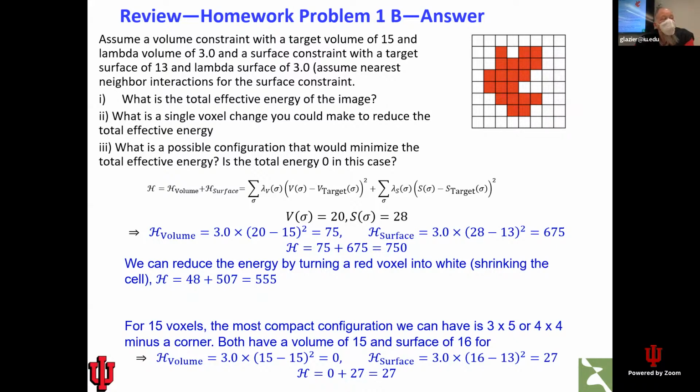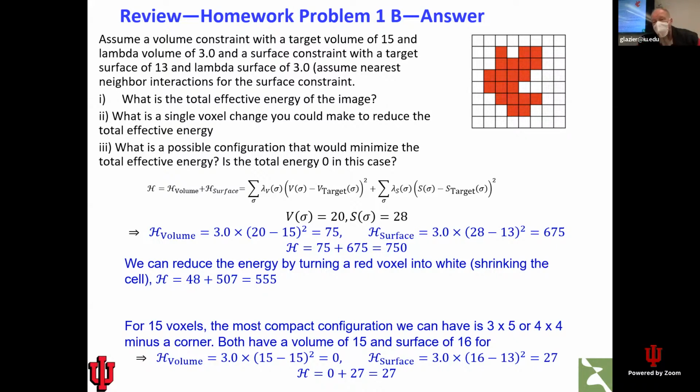So for a volume of 15 voxels, the smallest possible surface area is 16. So the answer is no. There is no configuration where the energy is 0 in this case. I can make the volume energy 0, but I can't make the surface area energy 0 if the volume energy is 0.